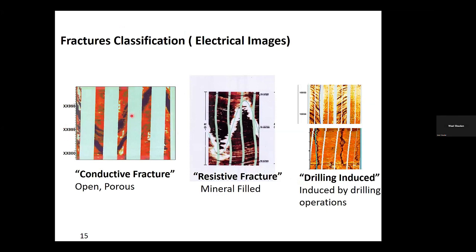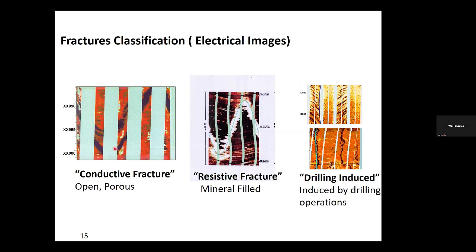Again, a focused look at how to differentiate between different kinds of fractures. We agreed now that most fractures will appear as high amplitude, which means high dip value in most cases. Most of these high-amplitude features that cut the bedding we call fractures.